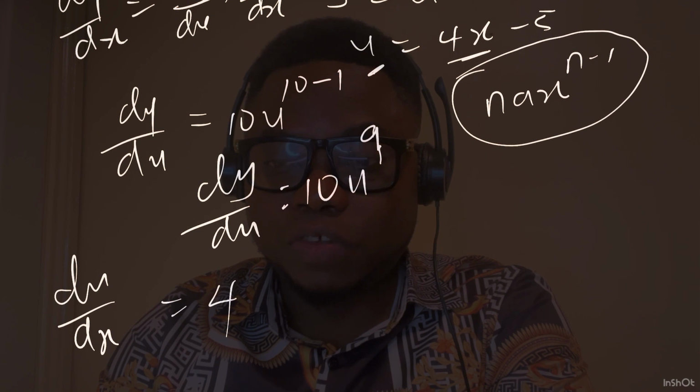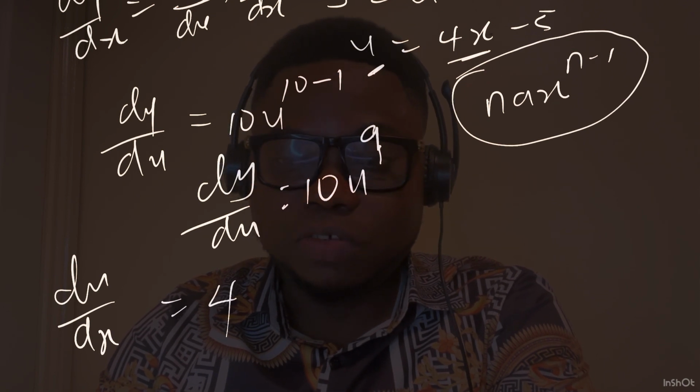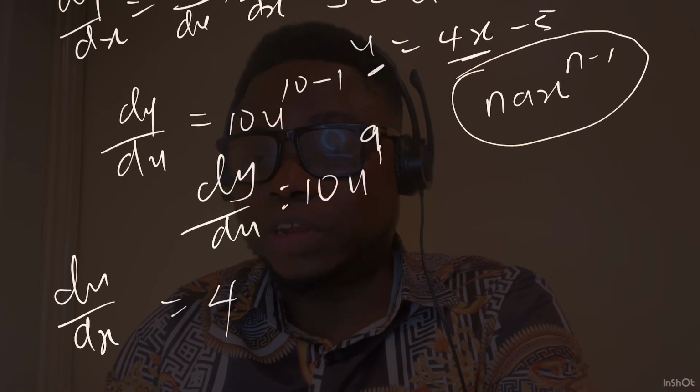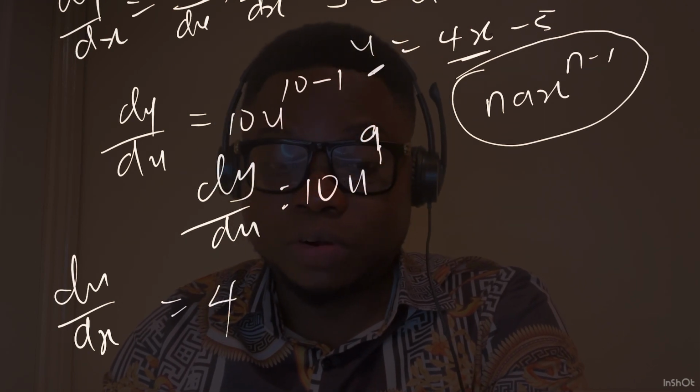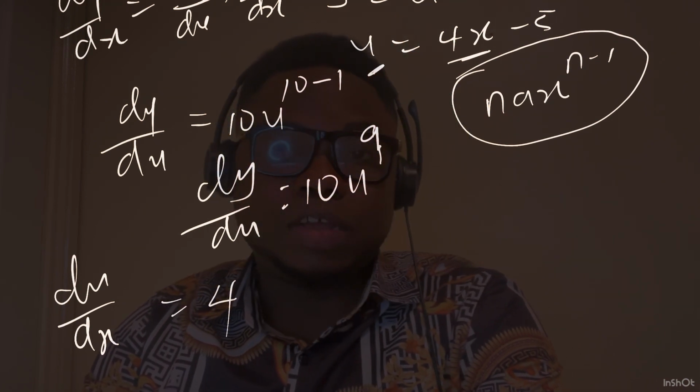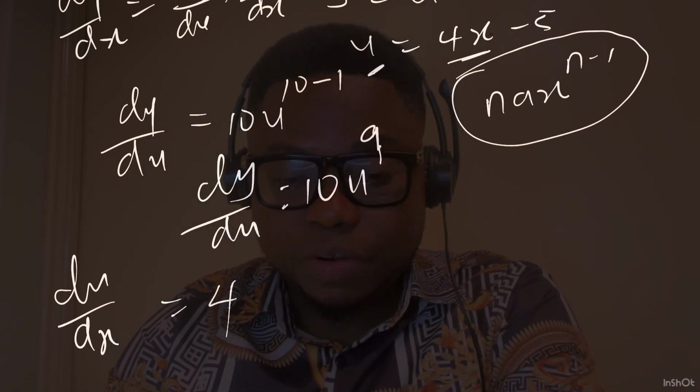So 1 times 4 is 4. Then 1 minus 1 is going to give me 0, and anything raised to the power of 0 is 1. If I differentiate the constant 5 here, I'm going to have 0. Differentiating a constant is 0, because it doesn't have any variable attached. So that's why it is a constant. So it's going to give me 4.